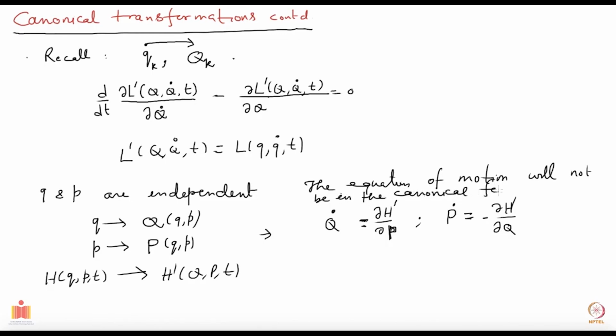These are the canonical equations of motion, so they will not be in this form. They will have some different form. And as I said, I'm interested in those transformations for which the equations of motion will still look like the same canonical equations.